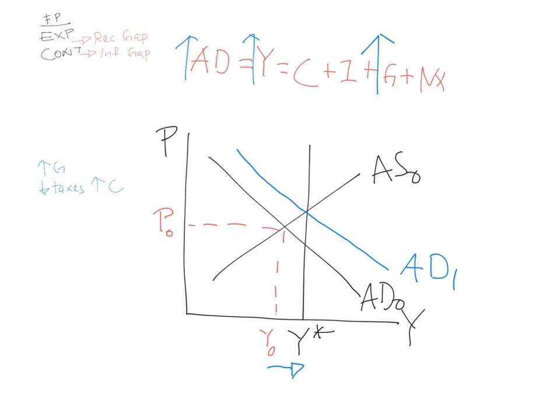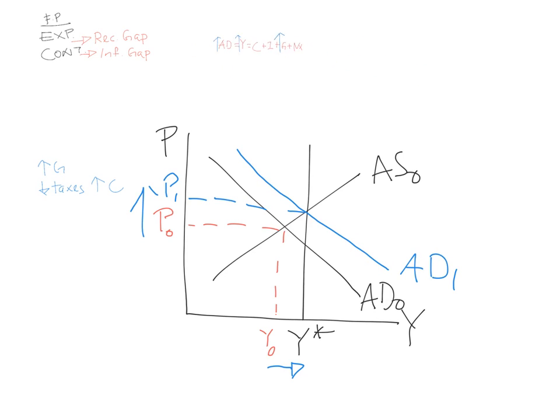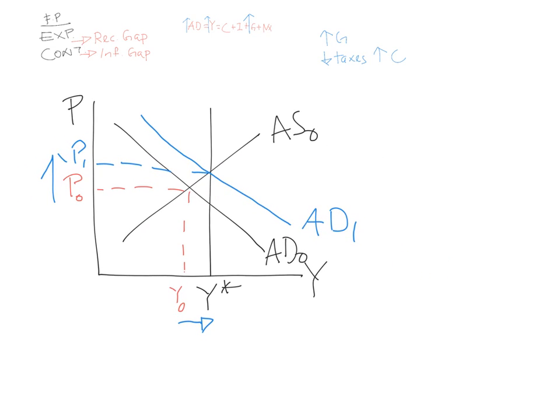The economy will improve, done properly, back to Y star. But we will end up at a higher price level. So we will end up with the economy improving, but also higher prices, which essentially means inflation. So that is your expansionary fiscal policy.